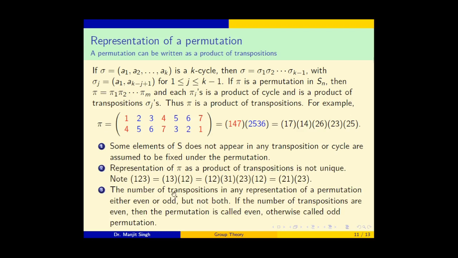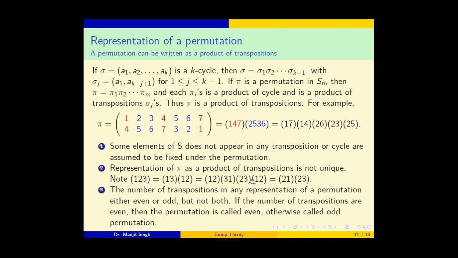So the number of transpositions in any representation of a permutation is either even or odd but not both. If the number of transpositions is even, then the permutation is called an even permutation, otherwise it is called an odd permutation. Elements of S that do not appear in any transposition or cycle are assumed to be fixed under the permutation. Representation of pi as a product of transpositions is not unique, as we can say (1 2 3) can be expressed as (1 3)(1 2), and also as (2 1)(2 3).